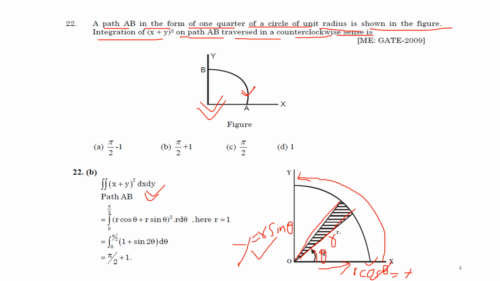Let's say it's a unit radius, so r is equal to 1. So it will be cos theta plus sin theta whole square d theta, from 0 to pi by 2.